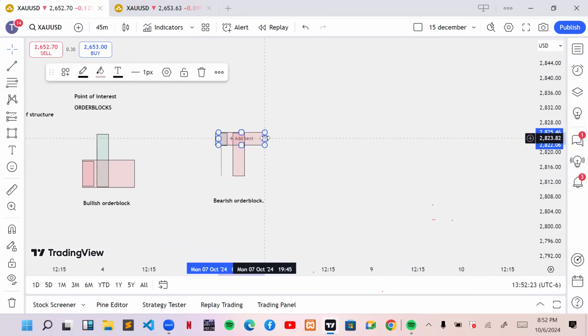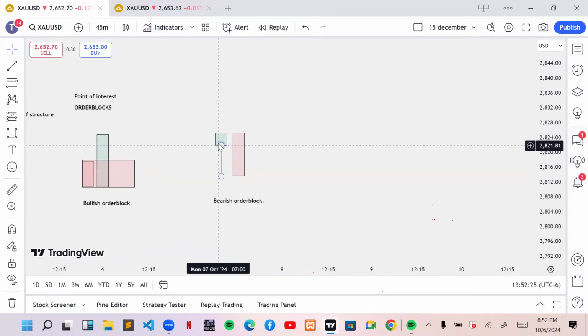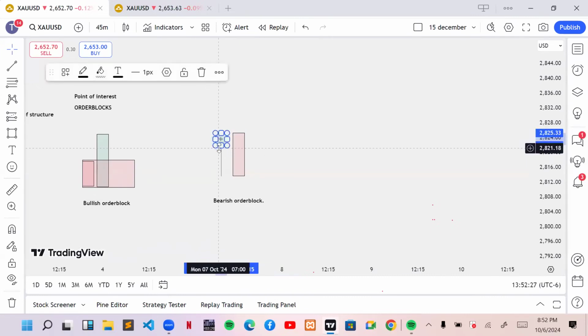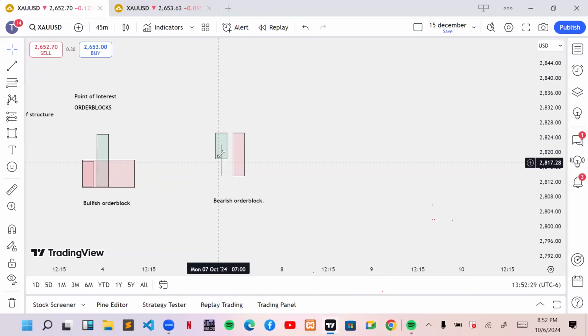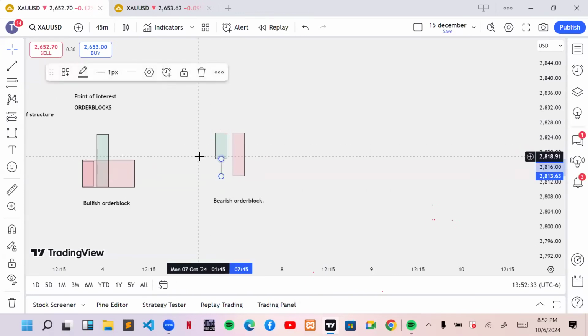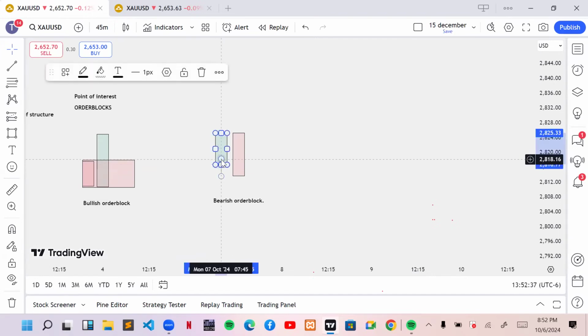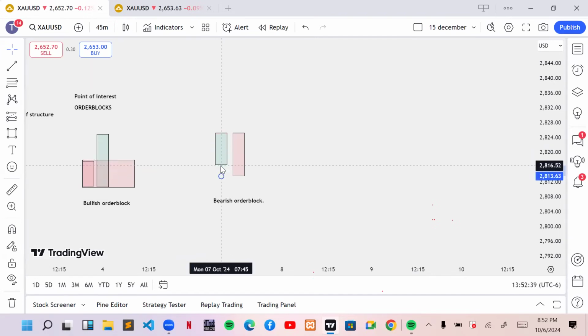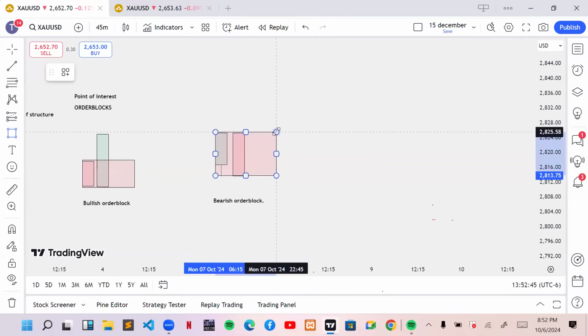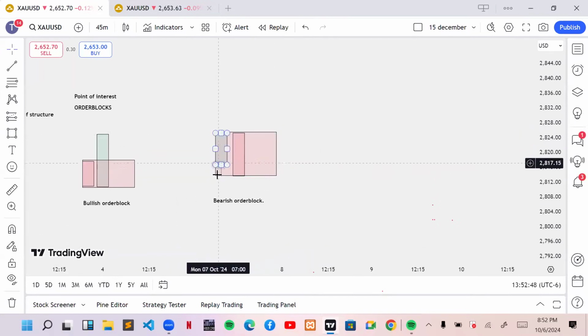Or in a situation where the wick is smaller than the body, for example, this is the body and this is the wick. So this is the body of the order block, and it's bigger than the wick of the order block. If you're picking your entry, pick your entry from the wick of the order block. Do you understand? Because in this case, the body of the order block is bigger than the wick.